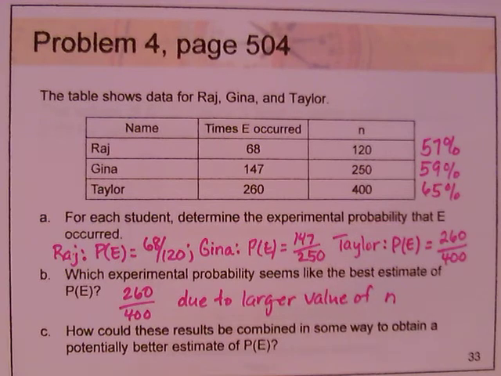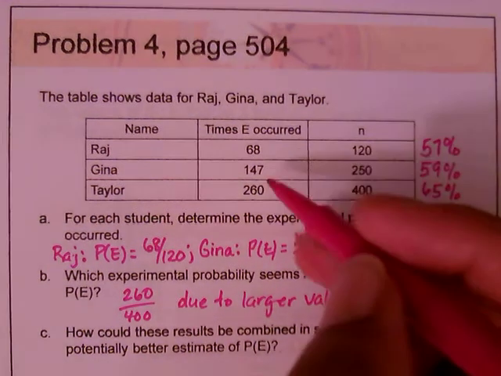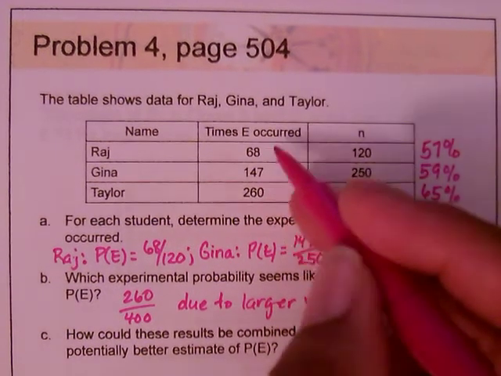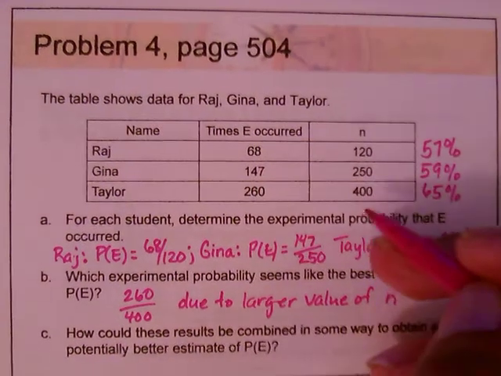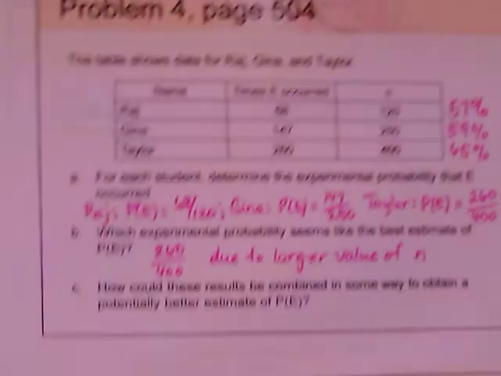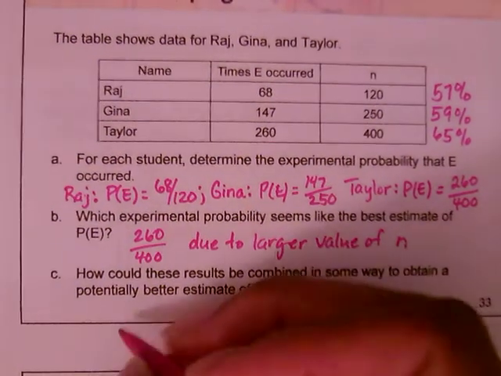And then part C, how could these results be combined in some way to obtain a potentially better estimate of the probability of event E? So pretty much I'll add these numbers together, the number of times that E occurred, and then add all the n's together. So in this case here, the numerator for the probability of event E, I'll do this down here.